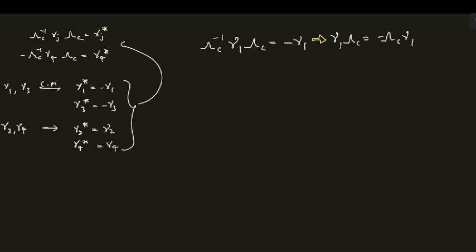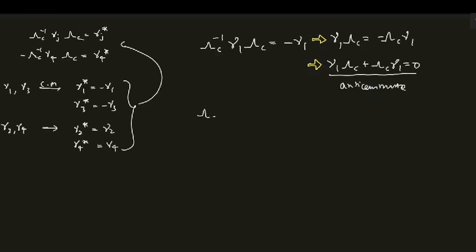Fine. Or you can write it as gamma 1 lambda c plus lambda c gamma 1 is equal to 0. That means what? That means lambda c anti-commutes with gamma 1, anti-commute.